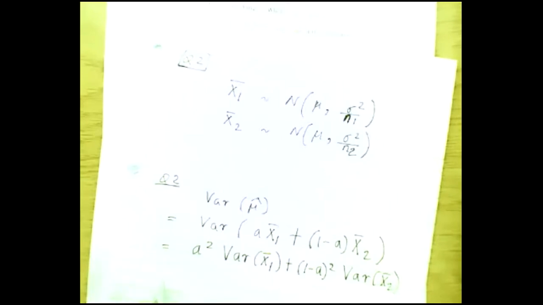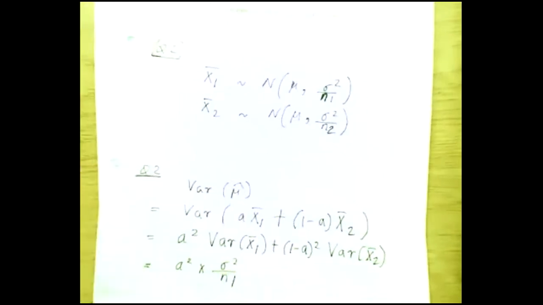Now we know from what I mentioned a second ago that the variance of x bar 1 is sigma squared divided by n1, and the variance of x bar 2 is sigma squared divided by n2.